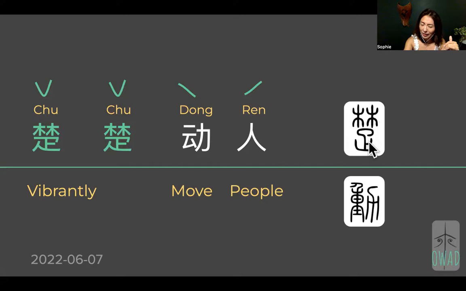I think this sounds like shu, but we don't use this character by itself anymore. It doesn't stand alone anymore. So it's a type of bush that sounds 楚. And when you have two exactly same characters repeated, there's a certain rhythm to it, right? There's almost a certain beauty to it.